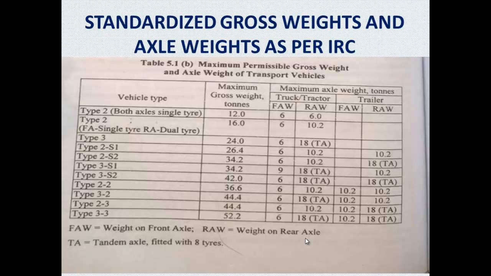In the table you can see that the vehicle type is on the left hand side. The different vehicle types which you had seen in the previous lecture, you have that.